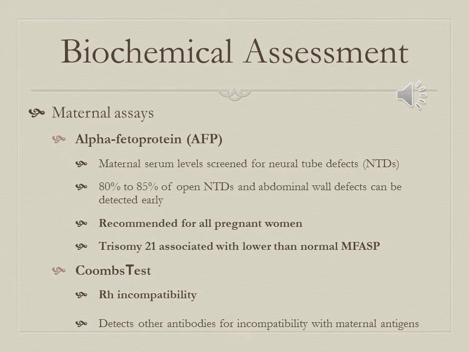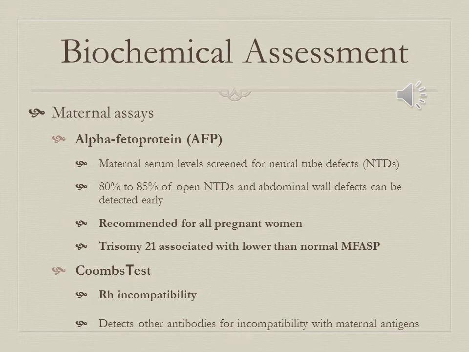If additional markers of unconjugated estriol and HCG are added to the maternal serum AFP, then the screening test becomes a triple marker screen. It will be able to identify Down syndrome risk and trisomy 18 risk, as well as neural tube defect risks.